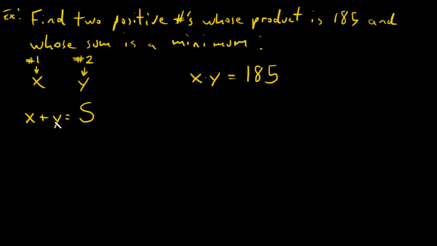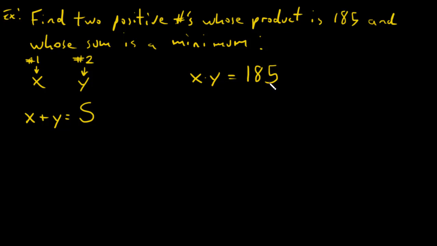So, but that's not important. The main thing is, without this part, this has an infinite number of answers, or the answer is undefined because you're doing some sort of crazy limit. So I can't come up to you and just say I need two positive numbers whose sum is a minimum. But I can come up to you and say I want two positive numbers whose sum is a minimum value, but when I multiply those numbers together, I get 185.